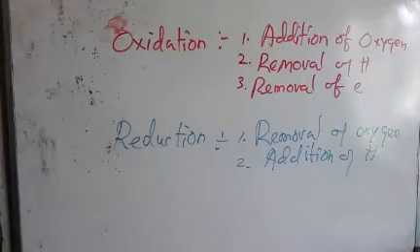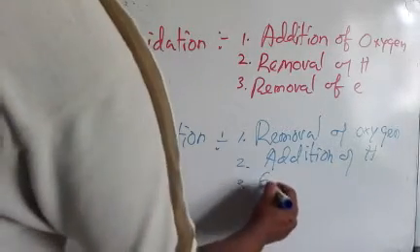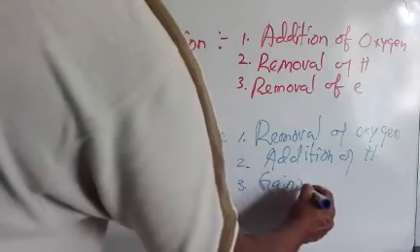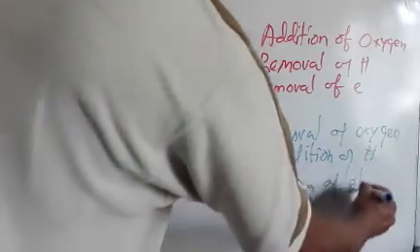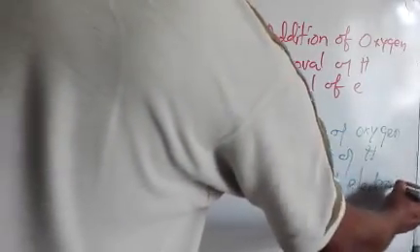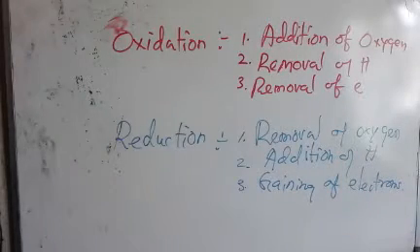And if the electrons are added, or if an atom obtains electrons, we call it a reduction, gaining of electrons. That's how we define oxidation and reduction in three methods.